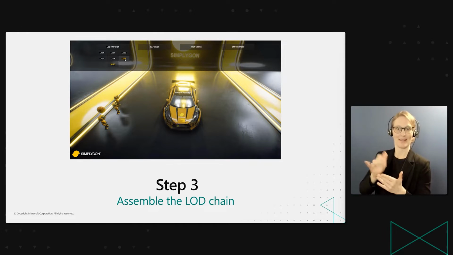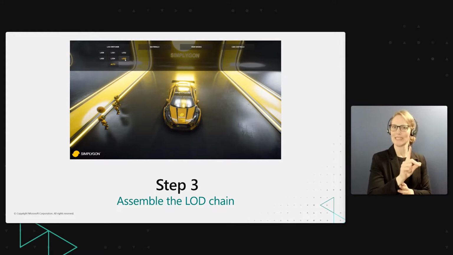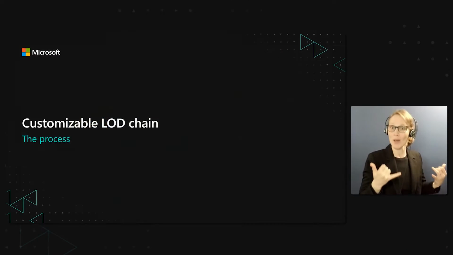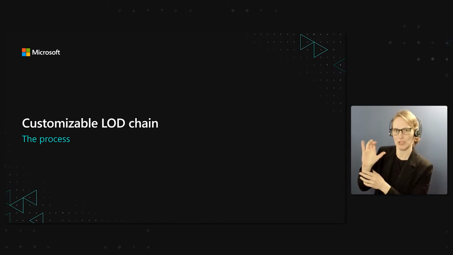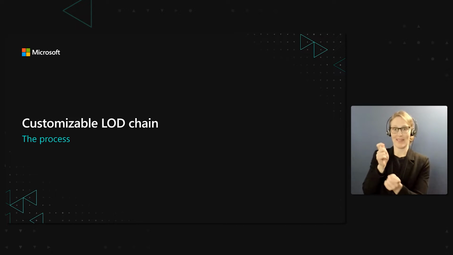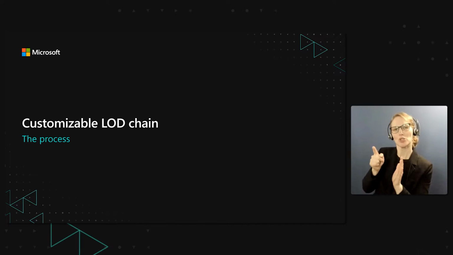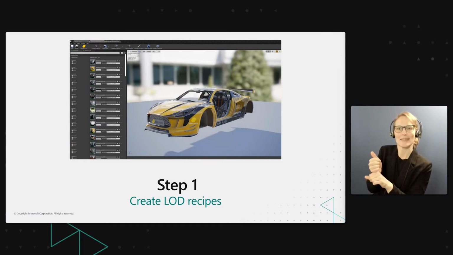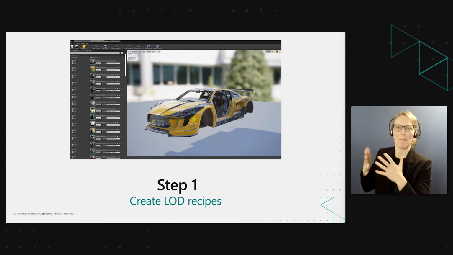Let's now dig a little bit deeper into the customizable LOD chain. The customizable LOD chain allows you to change settings on the object after it has been baked into a single proxy. But as with the previous one, we're going to start by creating a LOD recipe.